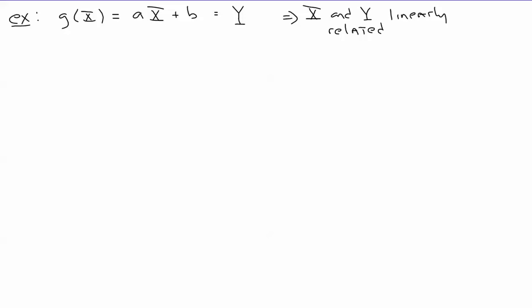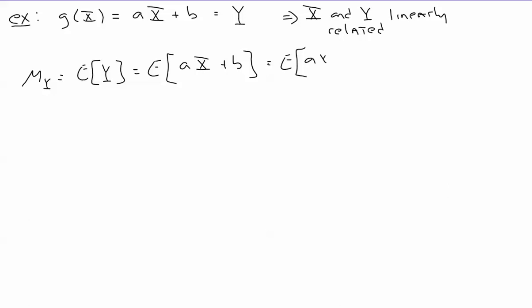And let's use our properties. The mean value of y, that's just the expected value of y. That's going to be the expected value of ax plus b. Using our properties, this is going to be the expected value of ax plus the expected value of b.